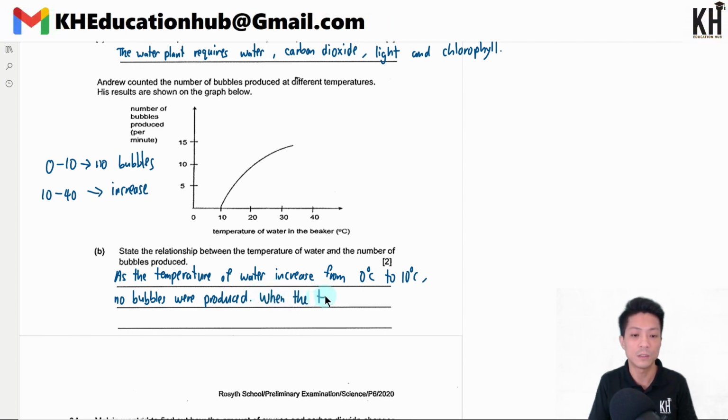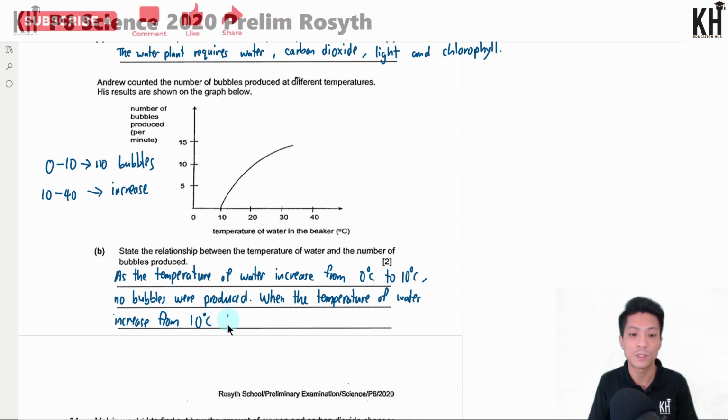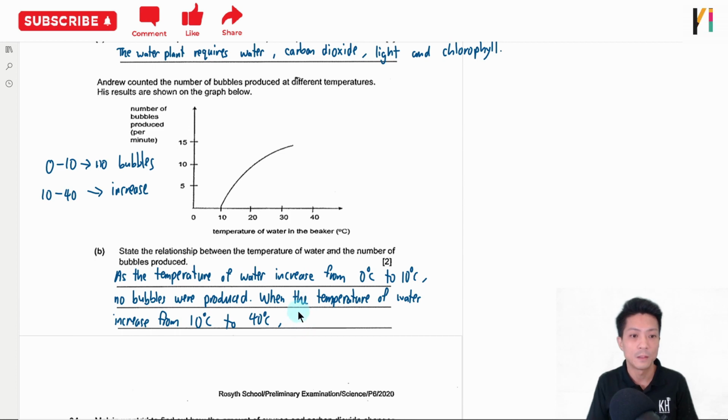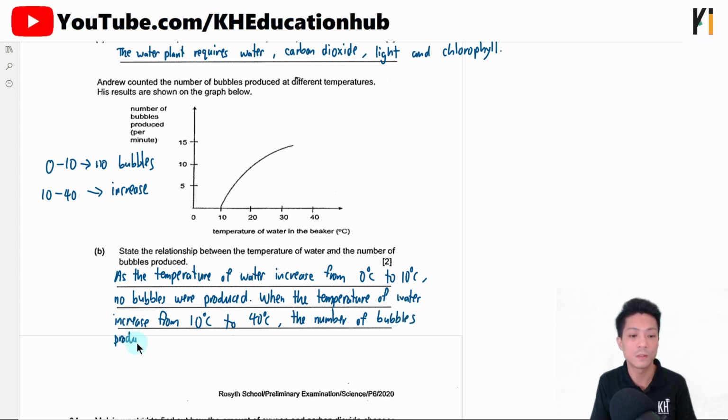When the temperature of water increases from 10 degrees Celsius to 40 degrees Celsius, the number of bubbles produced increases.